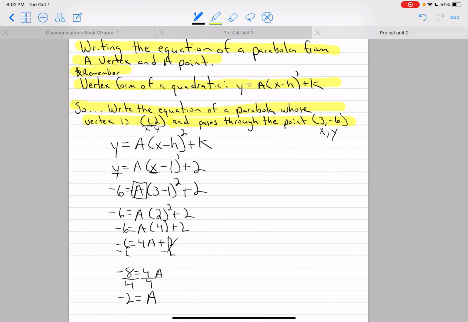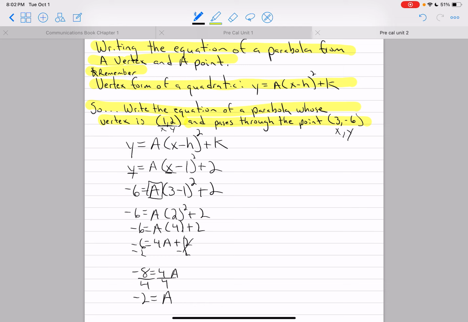So now I know that the whole equation is y equals 1, because that was my a value, times (x minus 1) squared plus 2. And then this is in vertex form.